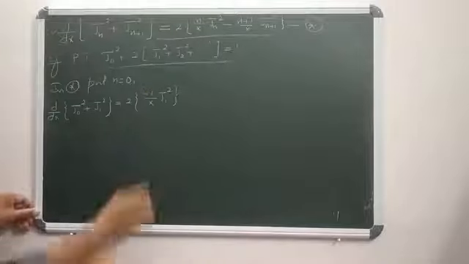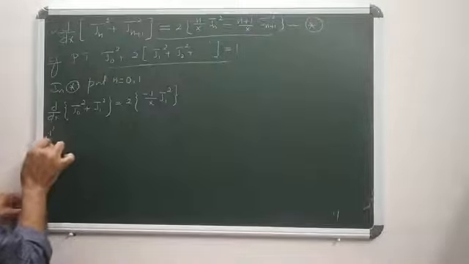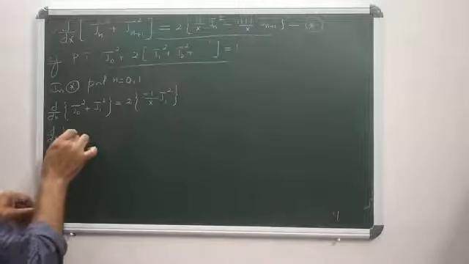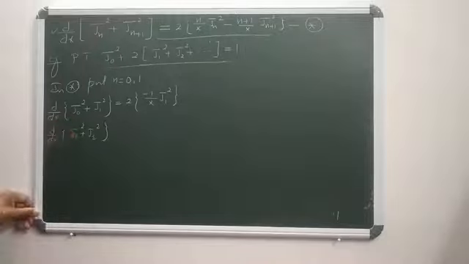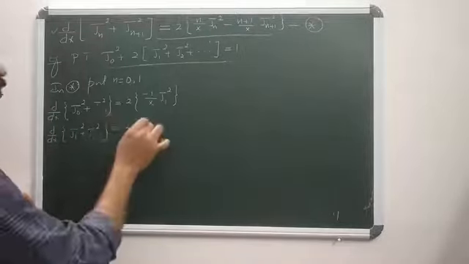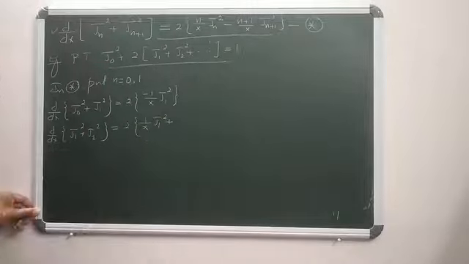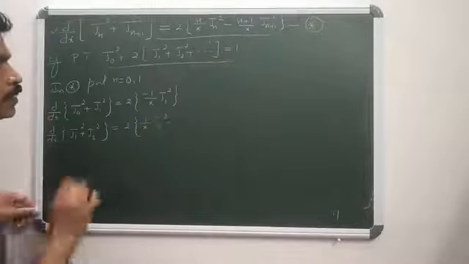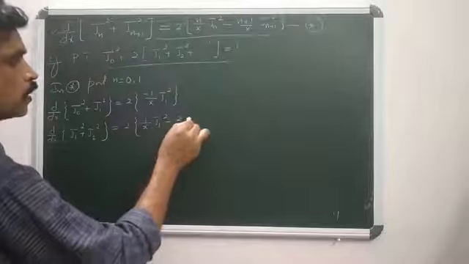Okay. When n equals 1, what is it? Left side becomes d by dx of J1 square plus J2 square equals 2 into, right side becomes 1 by x J1 square minus, when n equals 1 it is 2 by x J2 square.